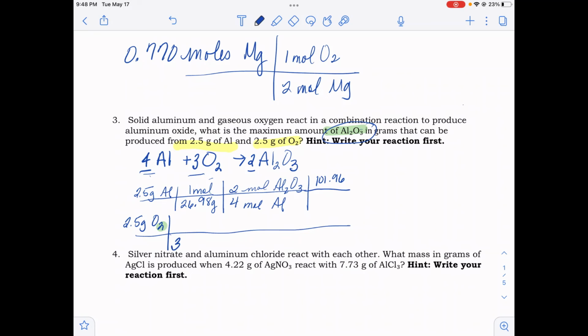So the molar mass of oxygen, the molecule, is 32 grams in 1 mole. That changes us to moles. Now we look at our ratio. This time we've got 3 oxygens that react with 2 aluminum oxides.